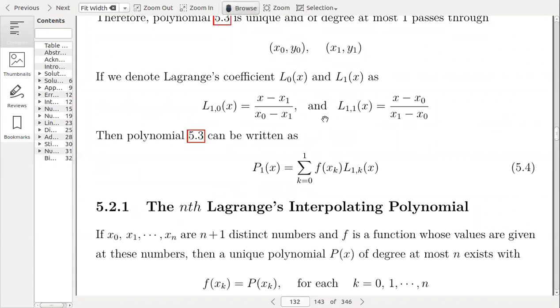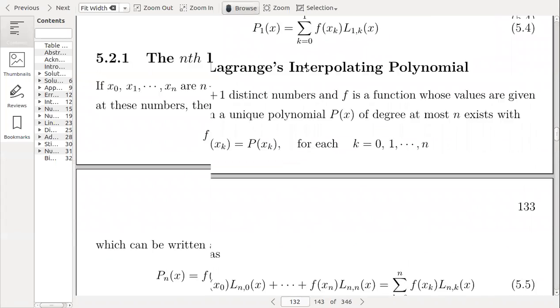But if you want to write this fully, the first index represents the degree of the polynomial, so 1, and then the index for the coefficients. So L10 of x means polynomial of degree 1 and the first Lagrange coefficient. L11 of x means polynomial of degree 1 and the second Lagrange coefficient.